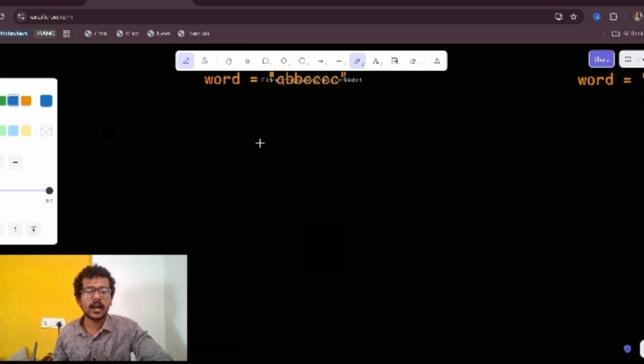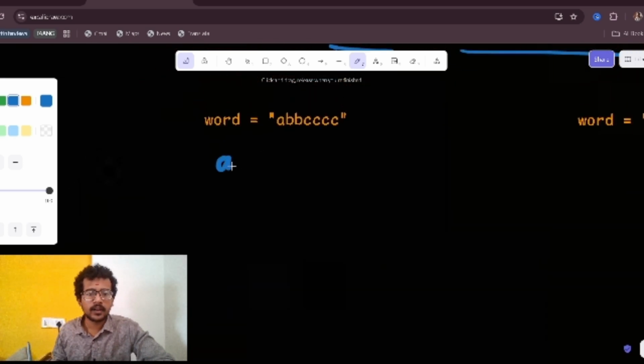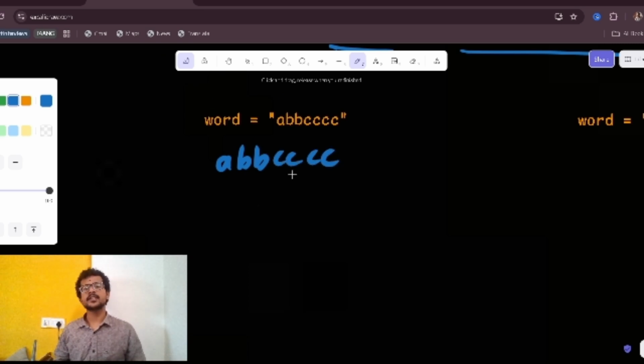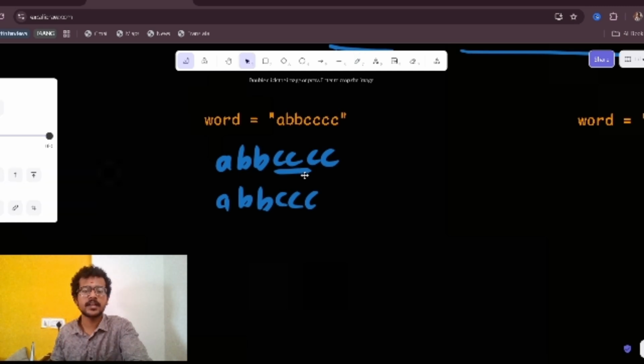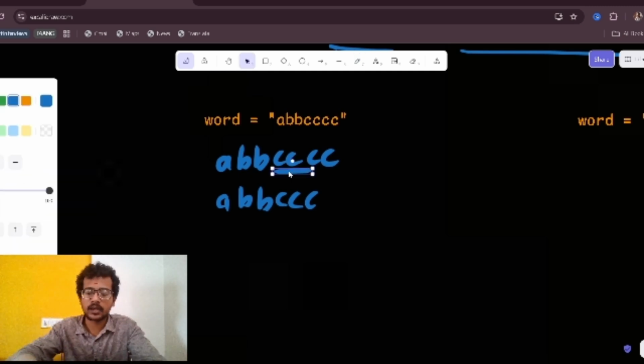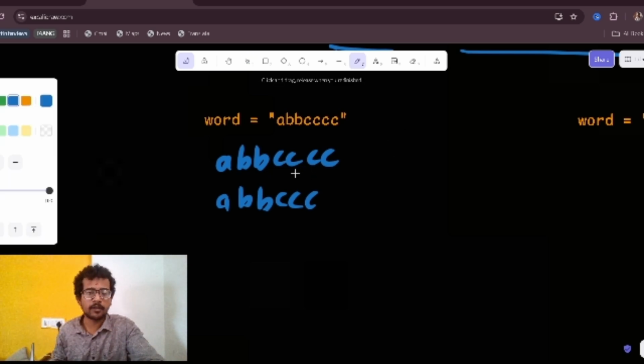So, here I have A double B, double C, double C. Now, I am considering that C might have been typed 4 times, but it should have only been typed 3 times. I am just assuming like that. If I write that string, it will be triple C. Now, I might also consider that C should have been typed only 2 times but Alice typed it 4 times.